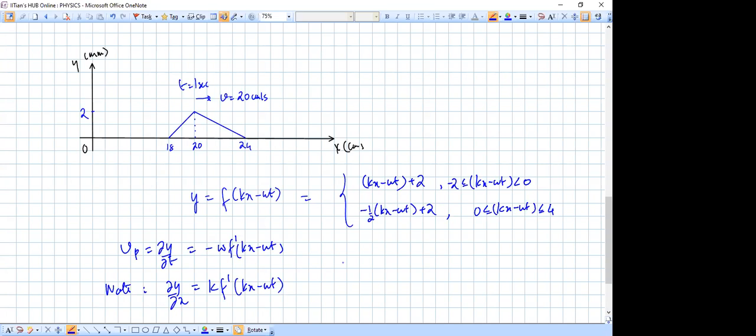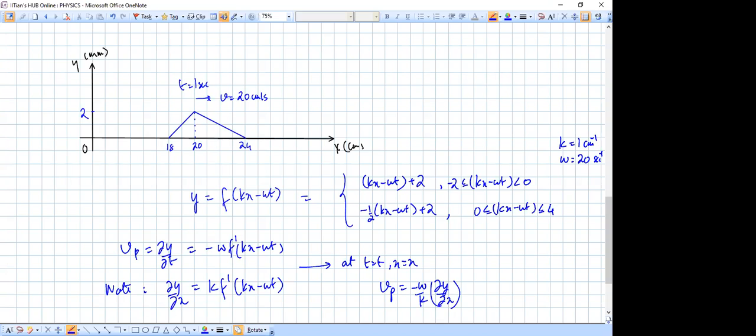So you can see that at t equal to t, x equal to x, the particle velocity is nothing but minus omega by k times del y by del x. Here omega was 20 second inverse and k was 1 centimeter inverse.